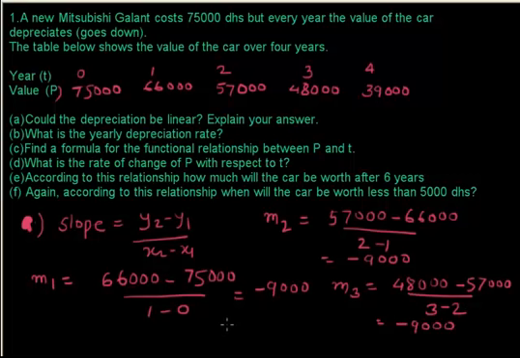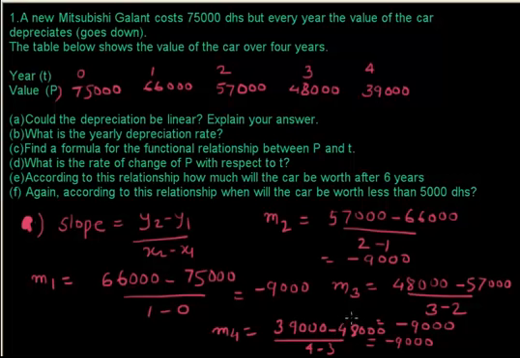Similarly, m4 is 39,000 minus 48,000 over 4 minus 3, which is again minus 9,000. So for all four sets, the values of m are the same, which means the slopes are the same, and so the depreciation is a linear function.